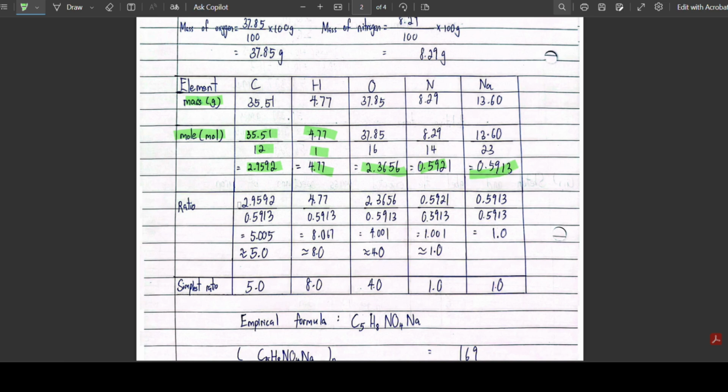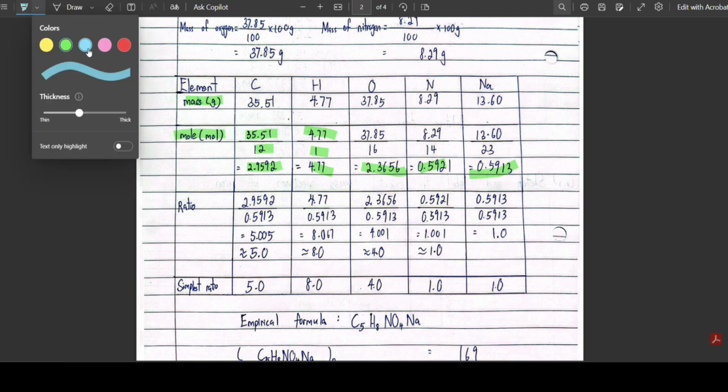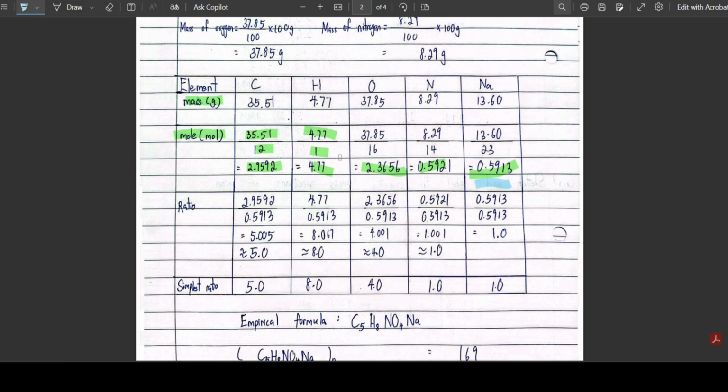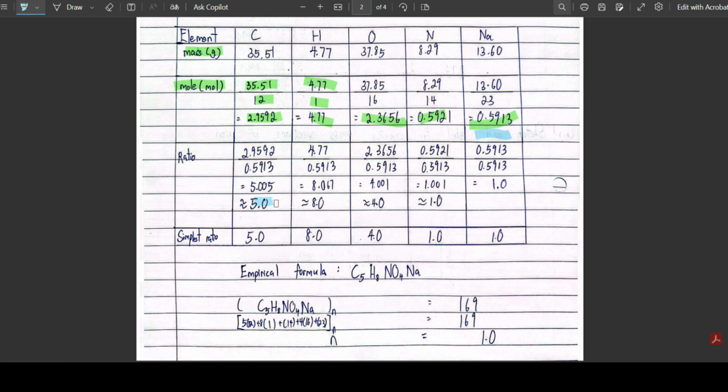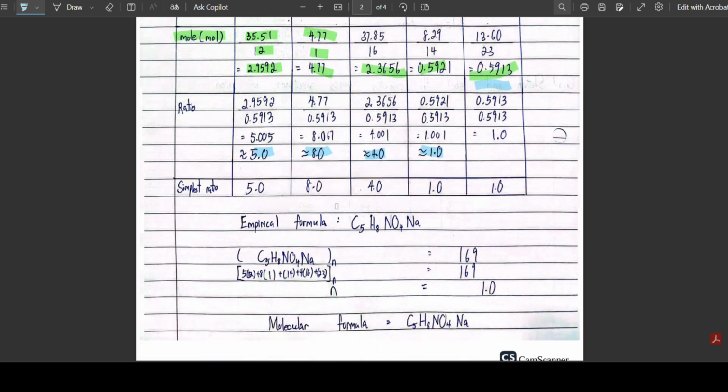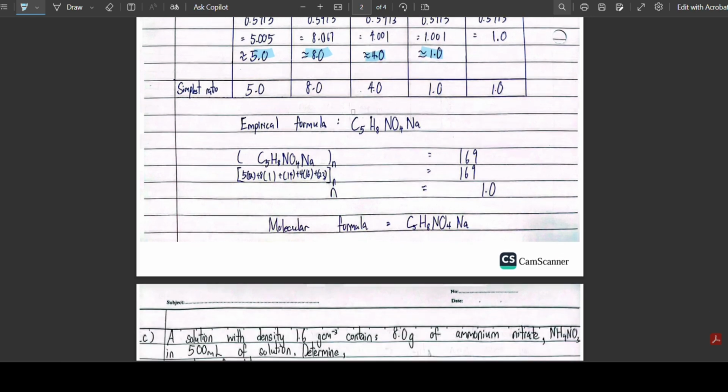So for the ratio, we will divide by the smallest value, 0.5913. Then we are getting the ratio. So in the end, we will find out the empirical formula.